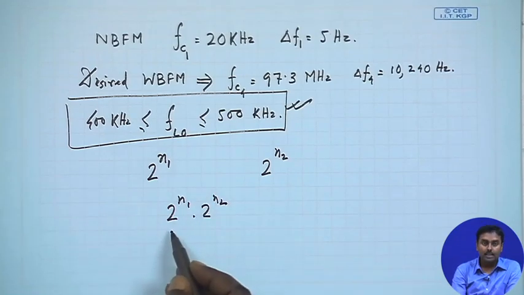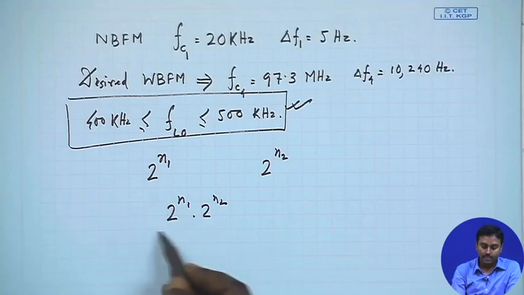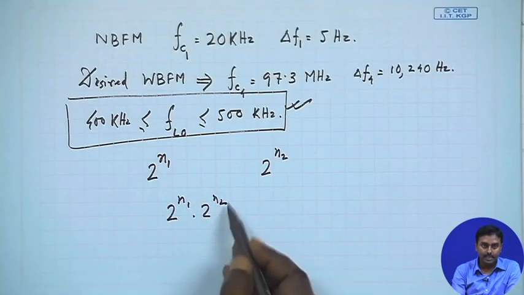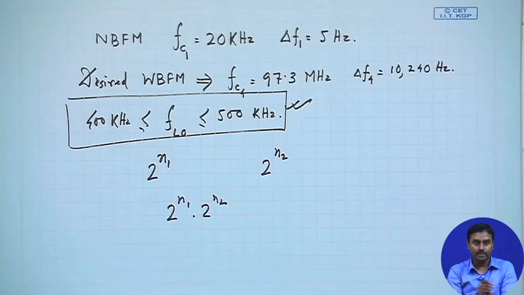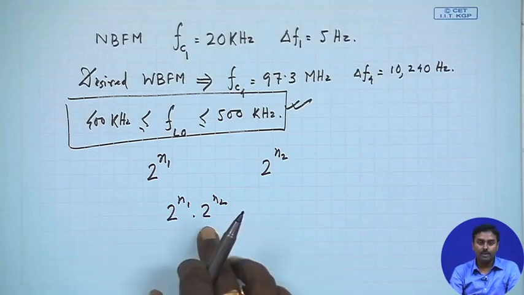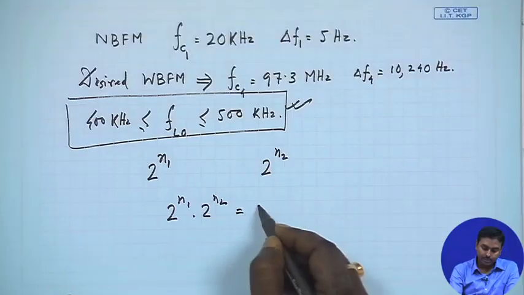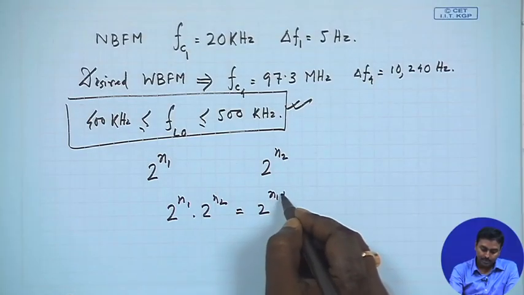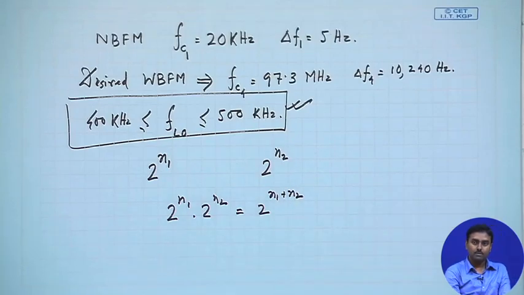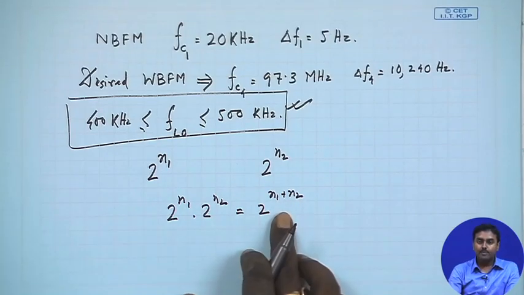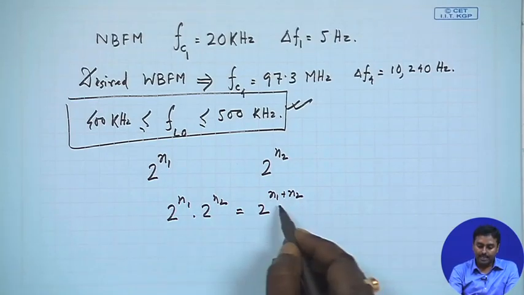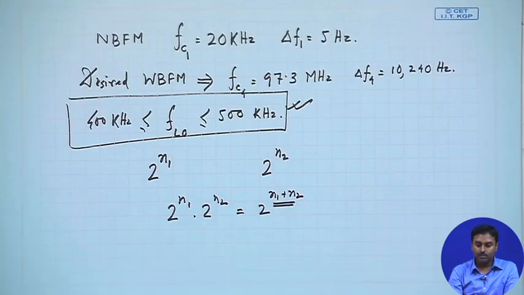This is almost like the previous one, where it was 64 and here 48, but 48 cannot be realized over here. Whatever we put must be 2 to the power something. So overall it should be 2 to the power n1 plus n2, that must be the overall multiplication factor. So, I can get a value of n1 plus n2. How do I get that?